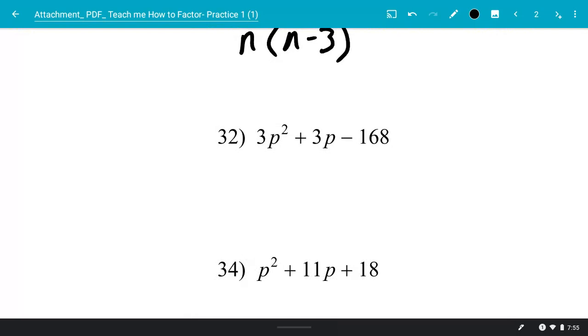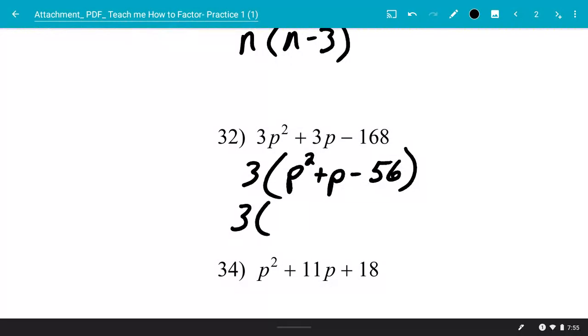32. Is there a GCF? Yes, I can pull out a 3. I'm left with p squared plus p minus 56. Okay. Now what's inside has no leading coefficient, so 3 times, split the signs.